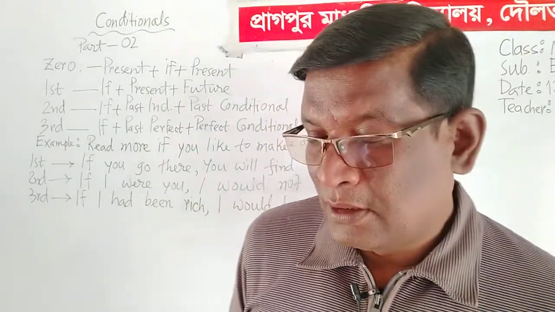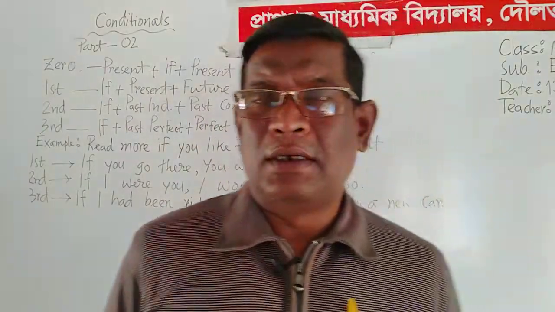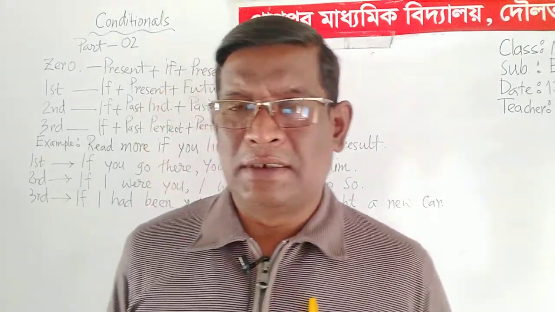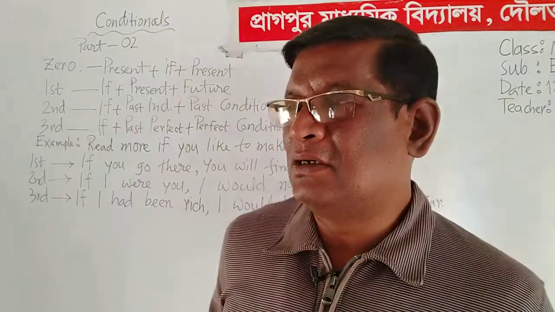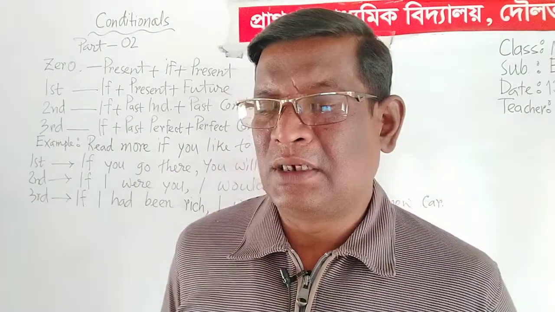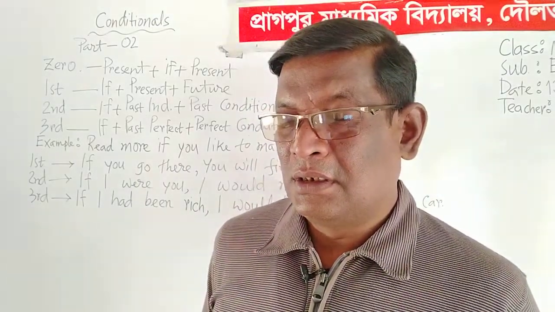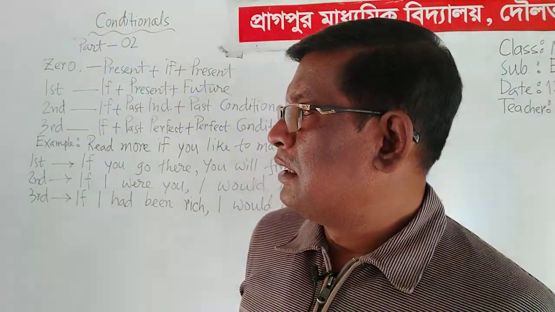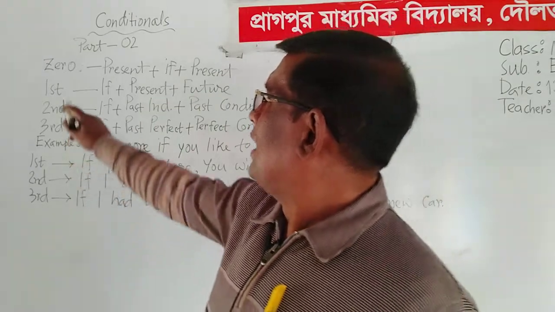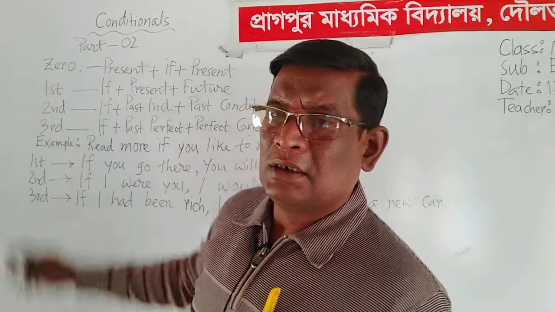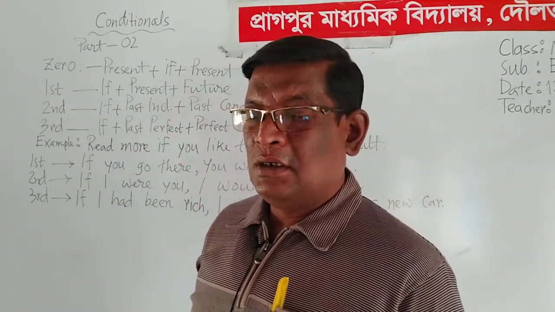Now, we will learn about the classification of conditional sentences. I think you know very well that basically conditional sentences are of three types, and besides this there is a conditional called the zero conditional.